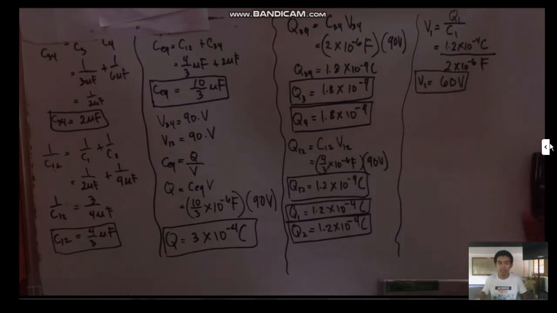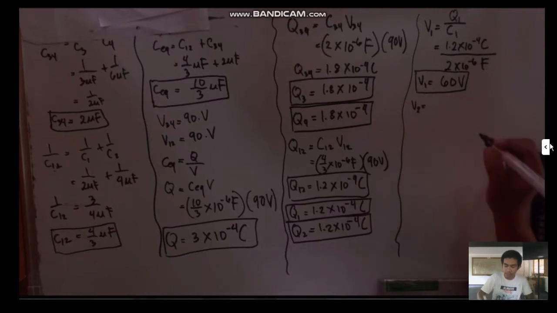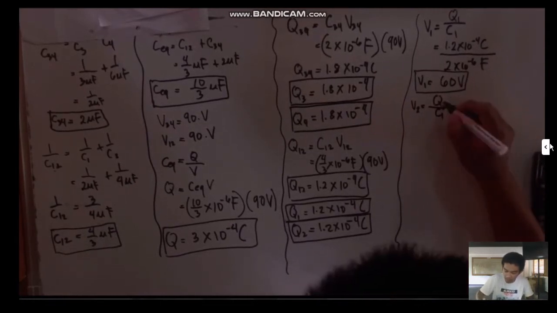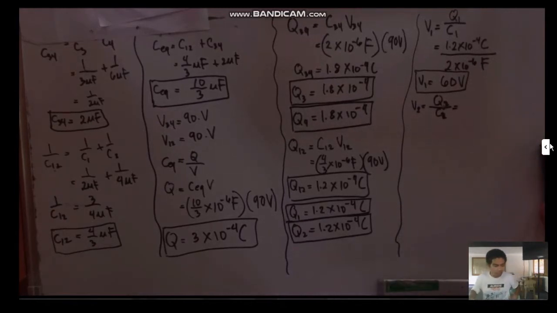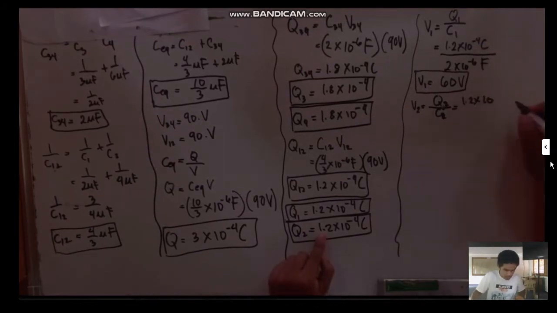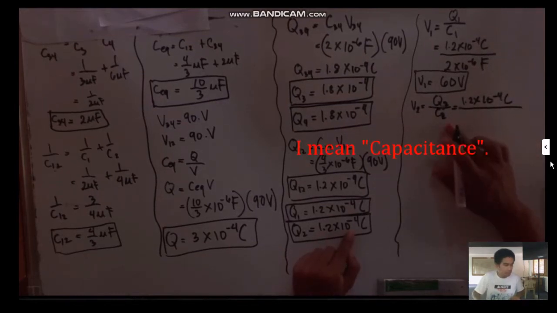So that's V1. Next, V2. So V2 is Q2 over C2. What is Q2? Yes, that's 1.2 times 10 to negative 4 coulomb over the capacitance of 2.